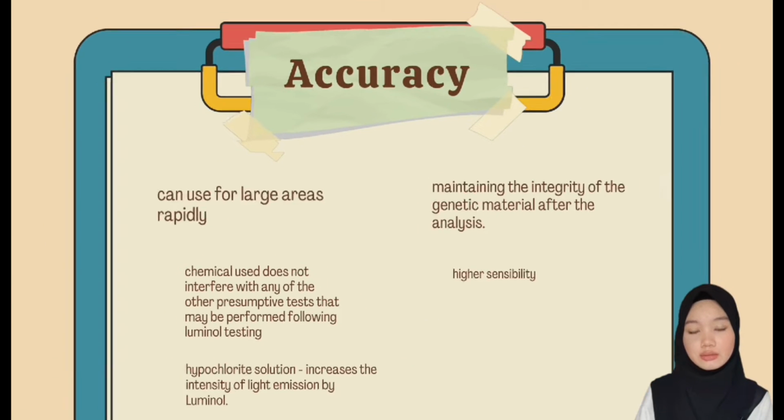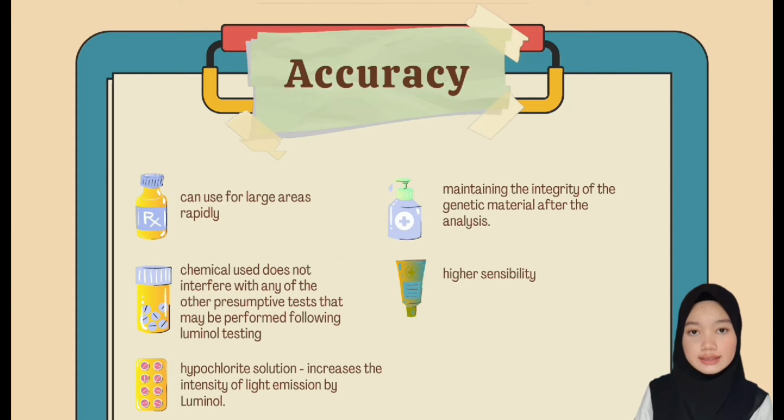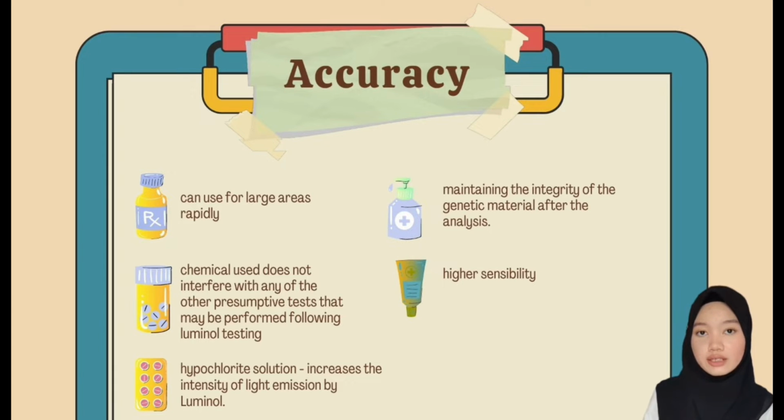Next, we will discuss the accuracy of luminol tests. The major benefit of performing a luminol test rather than one of the colorimetric tests is that one can search a large area very rapidly, and the chemicals used don't interfere with any other presumptive tests that may be performed following luminol testing. If the result of the presumptive test is negative, then the analysis is terminated.